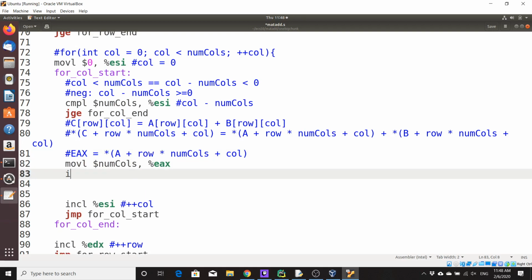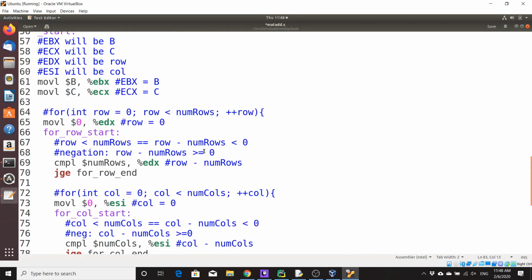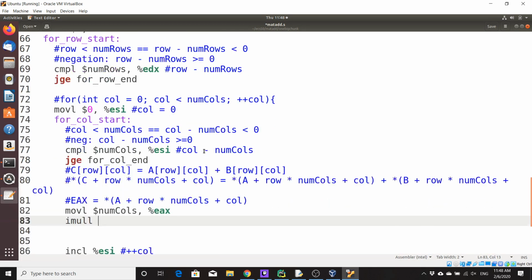So yeah, we can do an imul by row. Row is in EDX. So now EAX is equal to row times num cols.